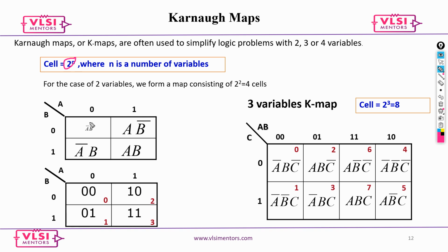The first is 0, 0, then 0, 1, then 1, 0, then 1, 1. If you have two variables, you need four fields, two rows and two columns. When you have three variables, the naming of this matters.